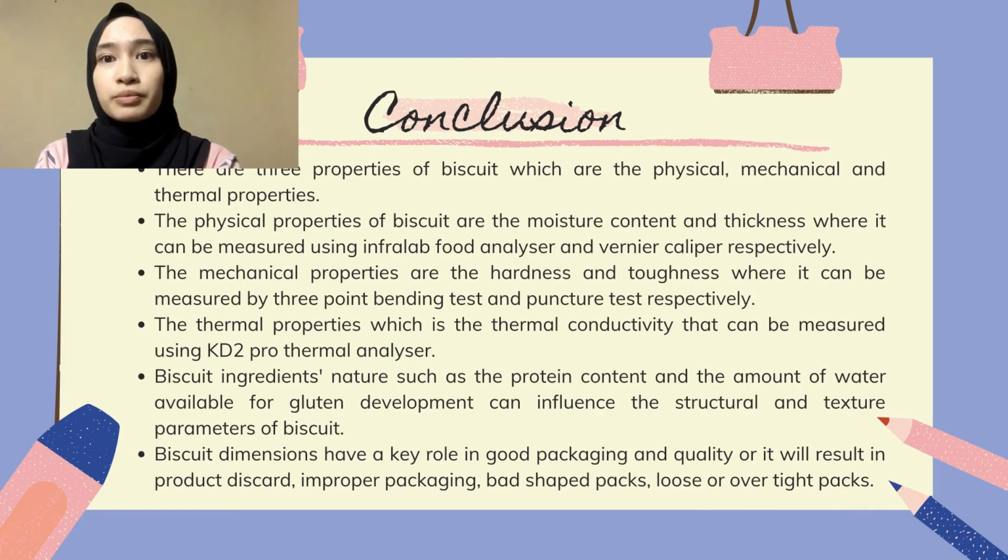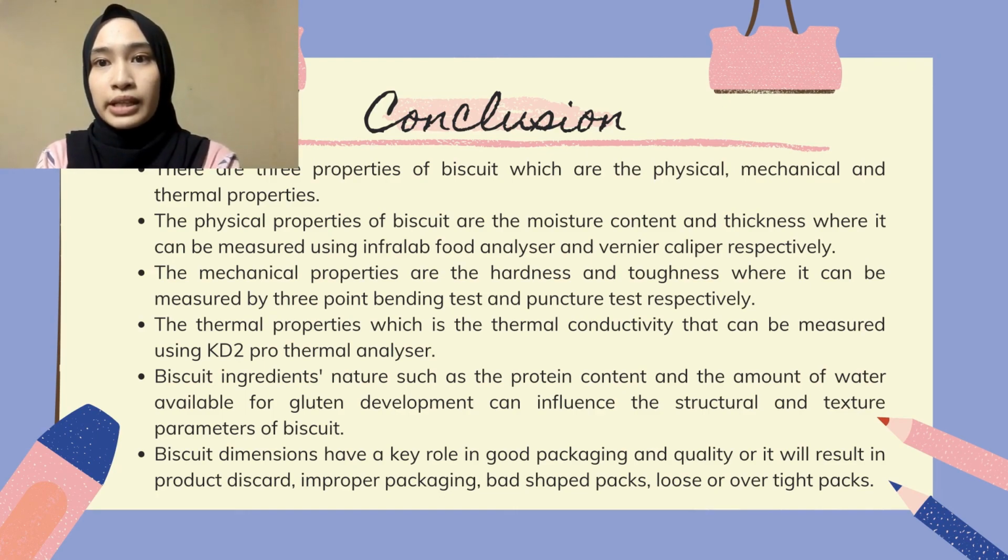The mechanical properties are hardness, which can be measured using the 3-point bending test, and toughness, which can be measured by puncture test. And the last one is the thermal property, which is the thermal conductivity that can be measured using the KD2 Pro thermal analyzer.